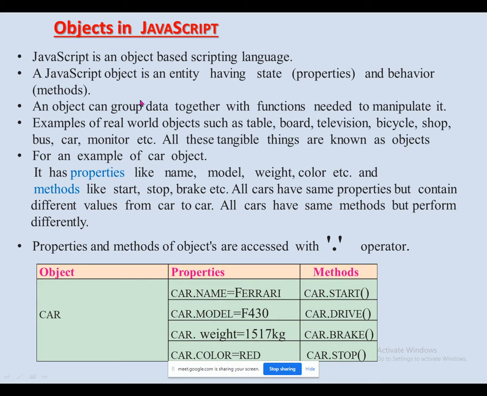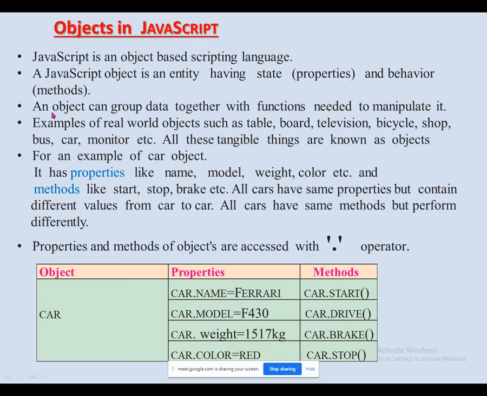Now, what are properties and what are methods? We'll see. From these two points, it should be clear that JavaScript is an object-based programming language, and an object has a combination of some properties and some methods. Here they call them state and behavior. We'll see in detail what state and behavior are.